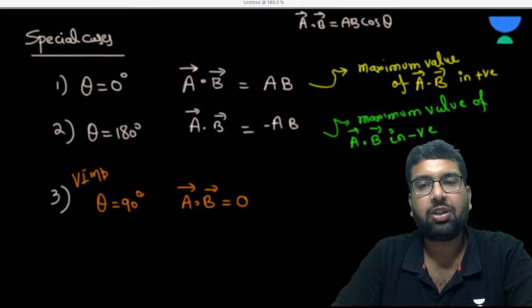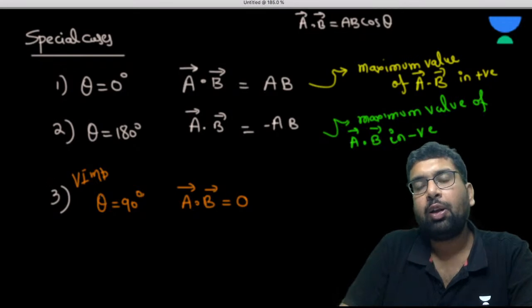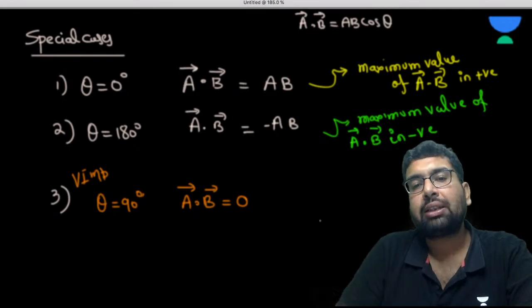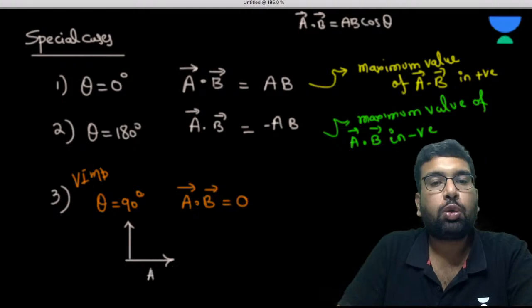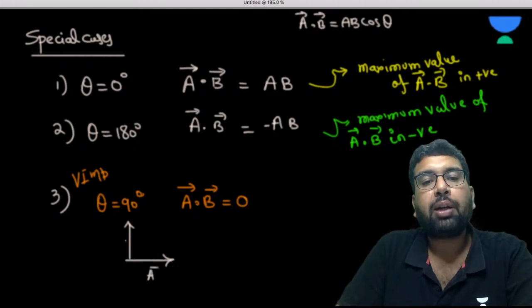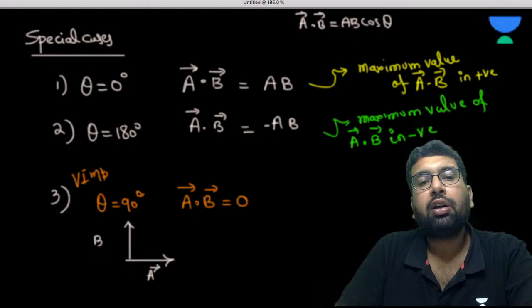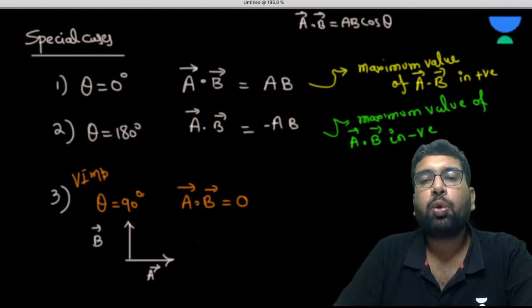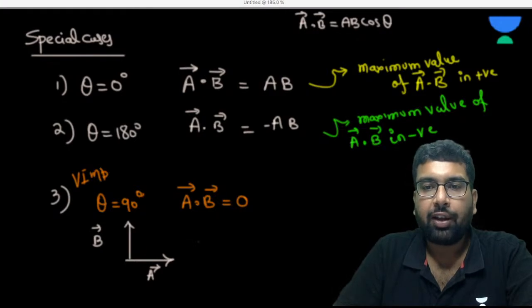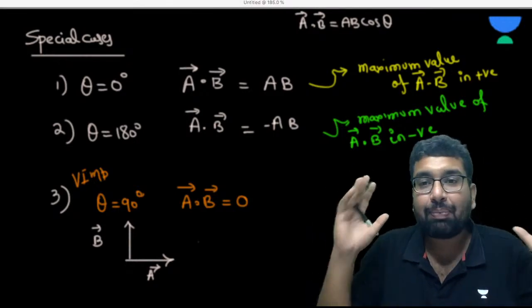So you must remember this: two vectors, if perpendicular to each other, their dot product is going to be 0. Yes or no?